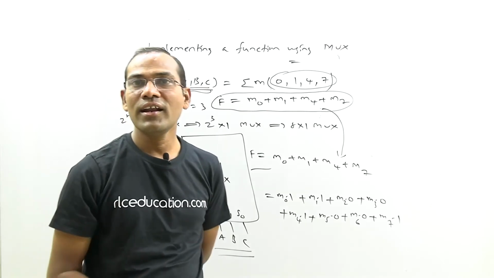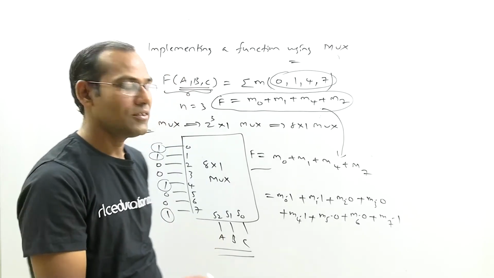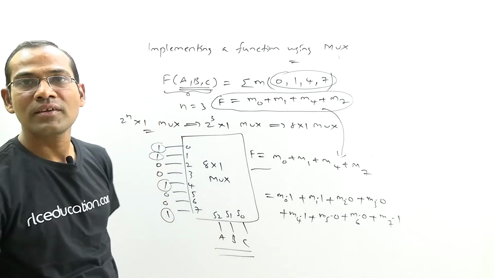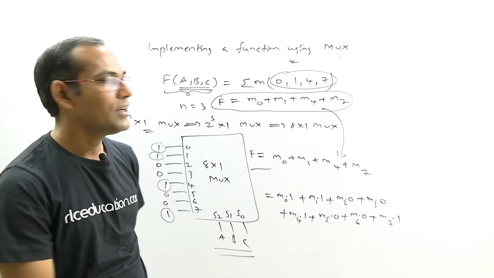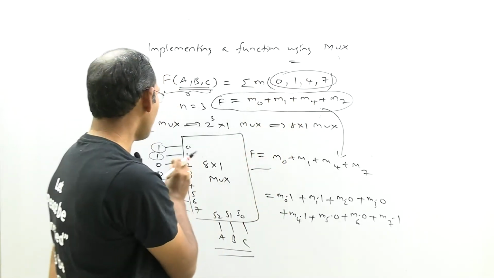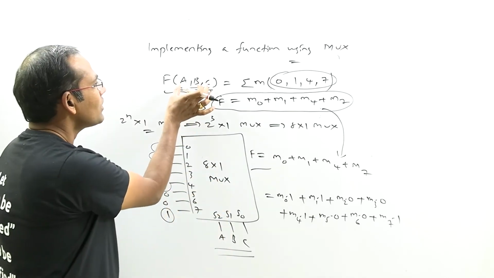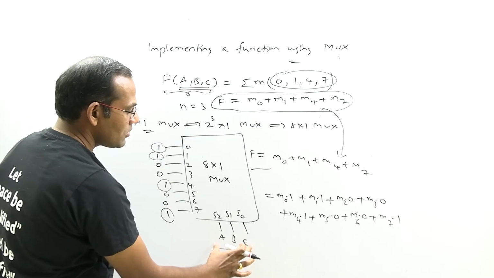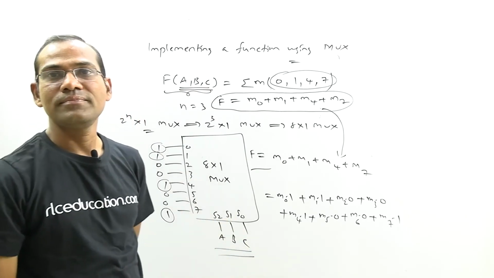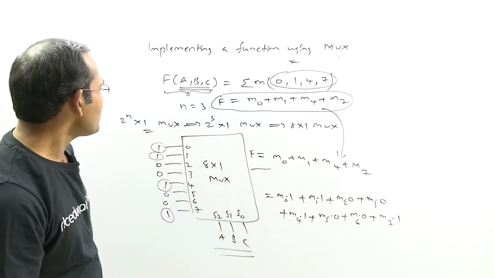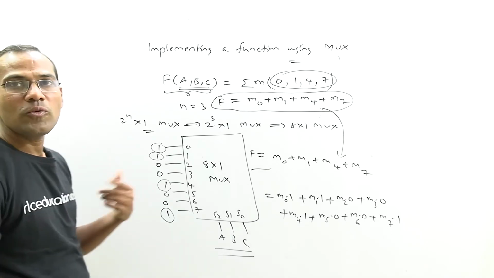Apply 1, and the remaining values will be 0. That's a simple procedure. At these positions apply 1, the remaining will be 0. Connect these variables to the selection. That's all. That's about designing by using 2 power n by 1 mux.